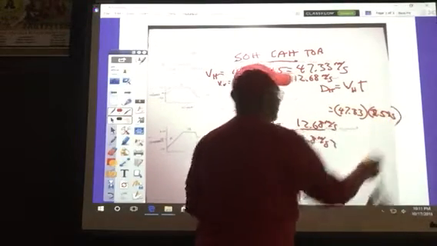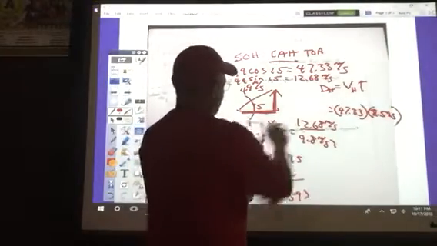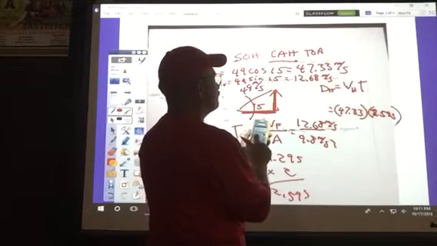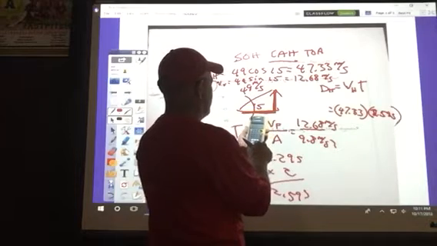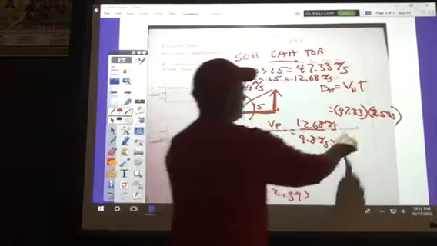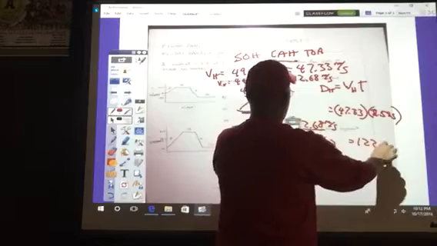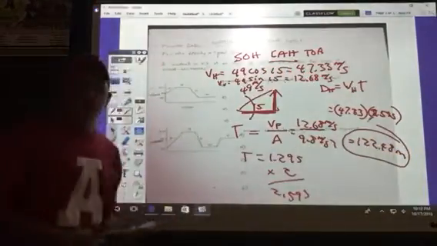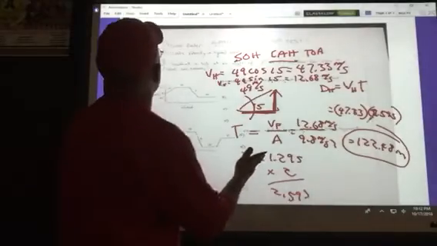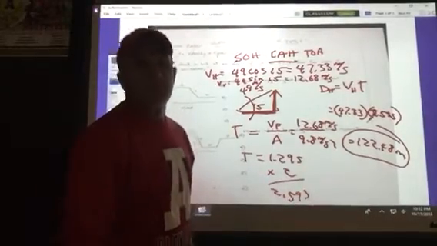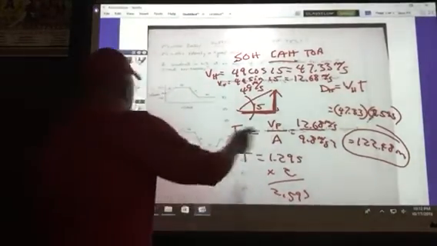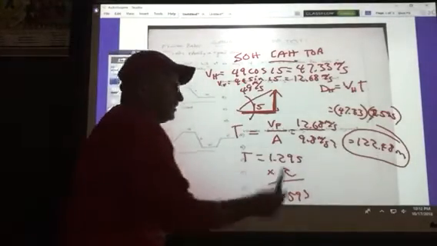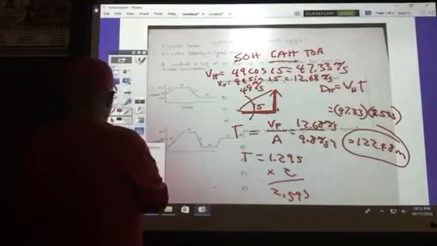Now 2.59 seconds times 47.33 equals 122.48 meters. That's how far the ball traveled horizontally. So there's the first one. If I didn't make any mistakes, it should come out good. At least we followed the right process.